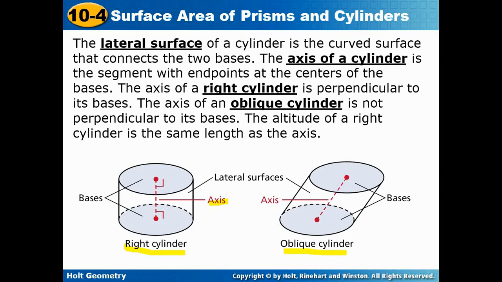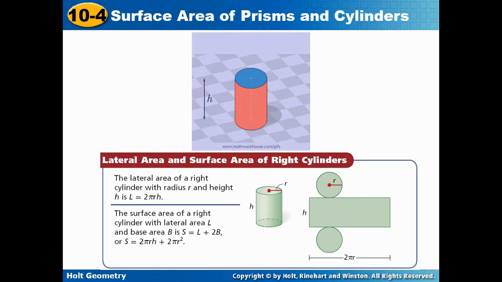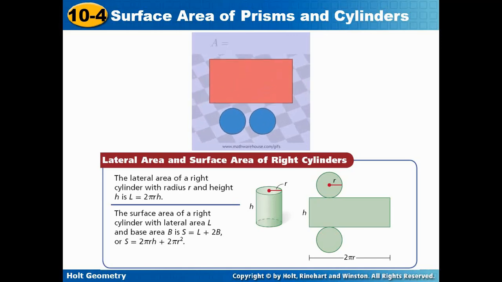Now, how to find the lateral area and the surface area of this cylinder? As we said here, the height is the distance between the two circles. If we open it, we will get a rectangle and two circles.